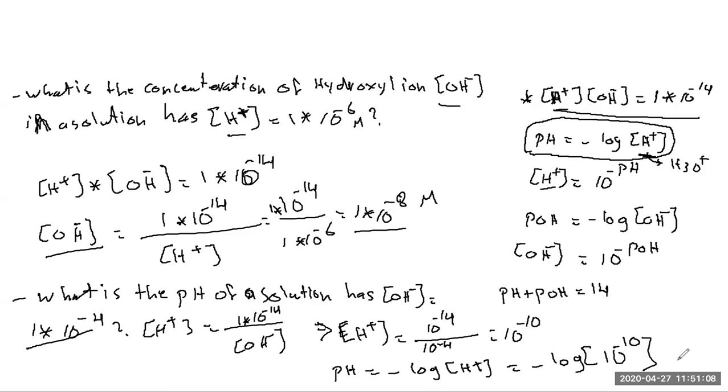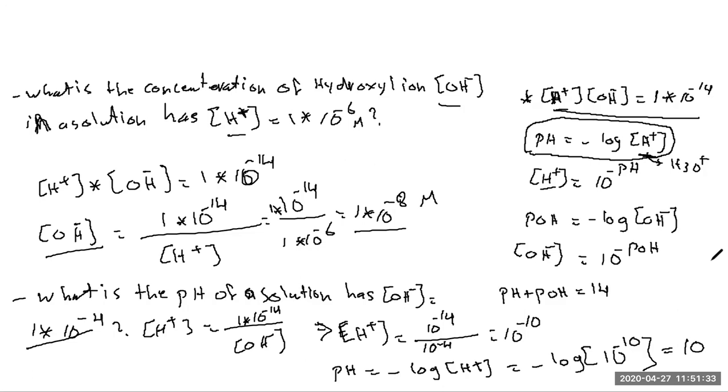So here will be minus logarithm, the 10 to negative 10 will be negative 10, and times the negative. So the pH here will be 10. pH will equal 10. Try to practice with it to find the pH.